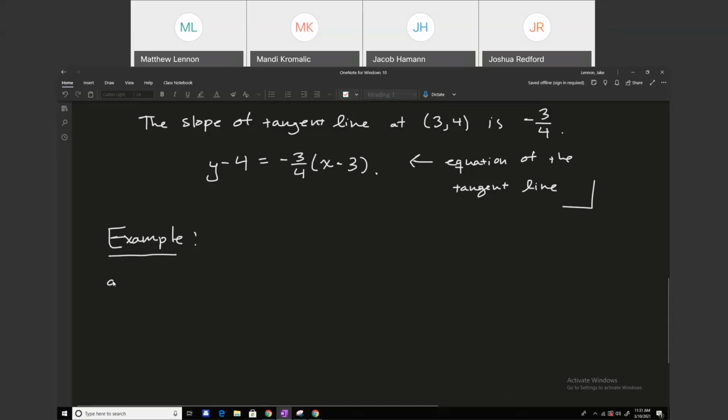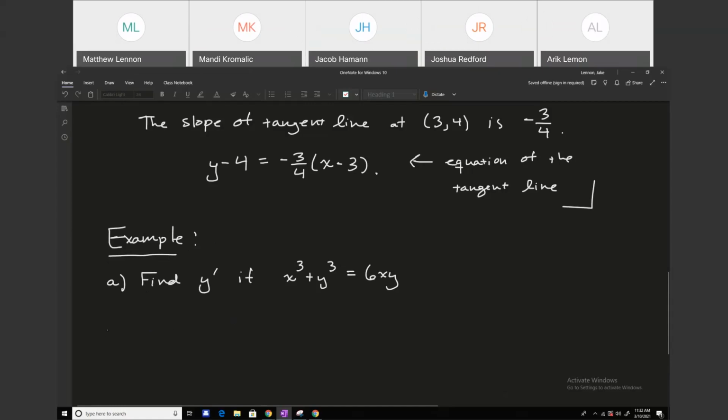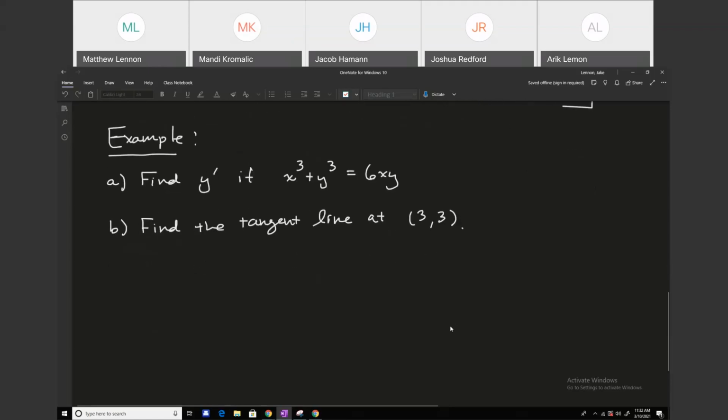So let's say A, find y prime if x cubed plus y cubed equals 6xy. This is going to be interesting because we're going to have to use the product rule there. And then B, find the tangent line at 3, 3. So very similar to the last question.